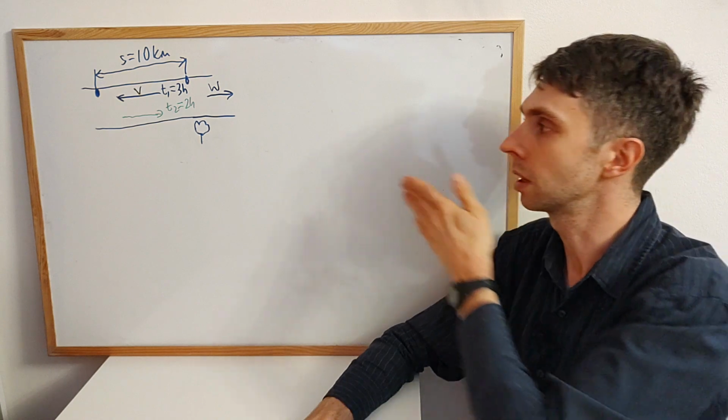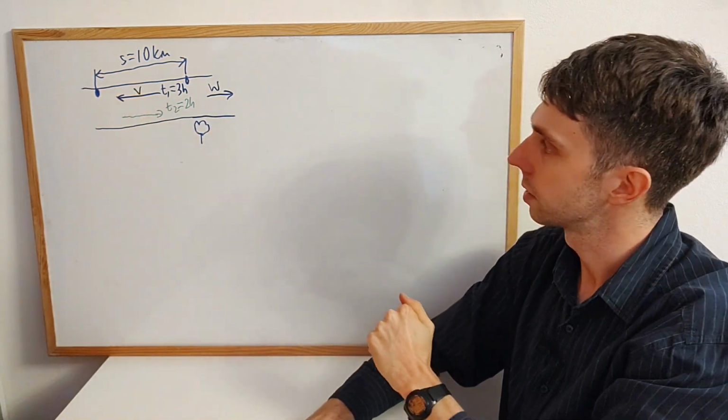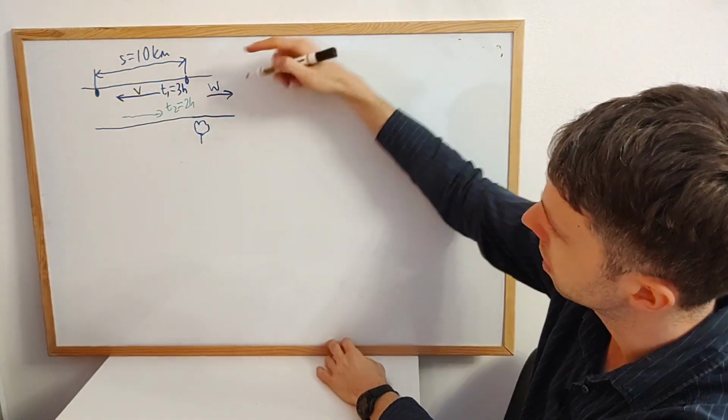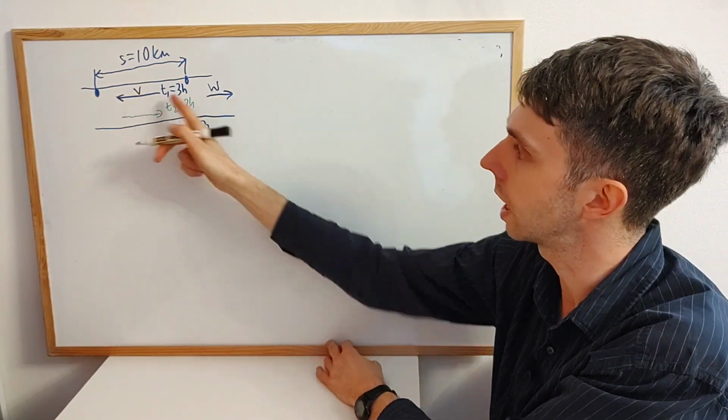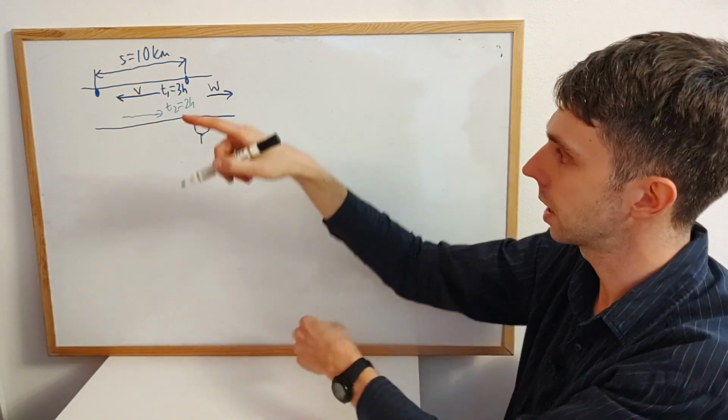So if he goes against the current, then the velocities are in opposite directions.